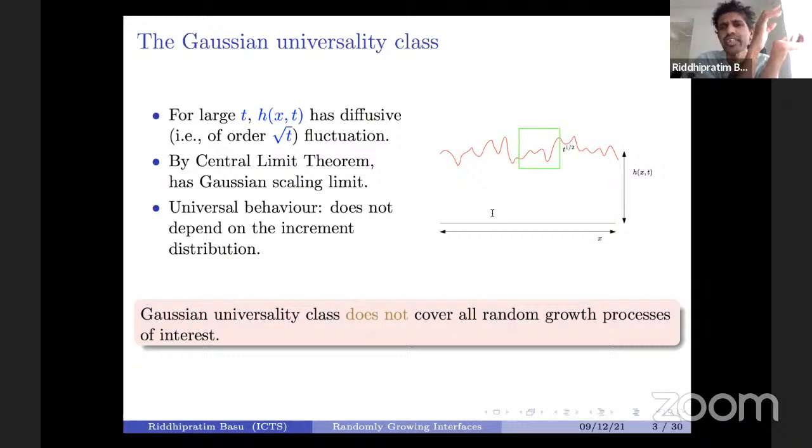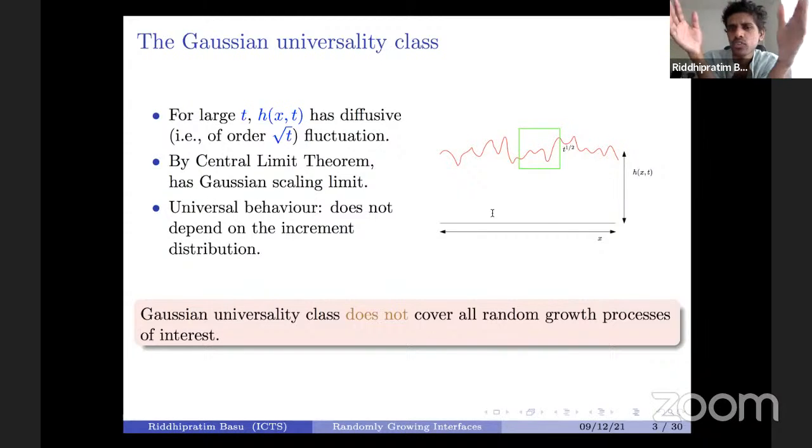So you can use a variant of the central limit theorem to conclude that for h(x,t), the mean will be some constant times t, so the typical value grows linearly in t. And the fluctuation around the mean will be of the order of square root t.